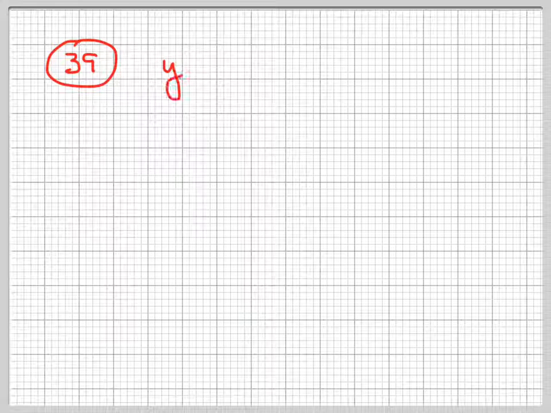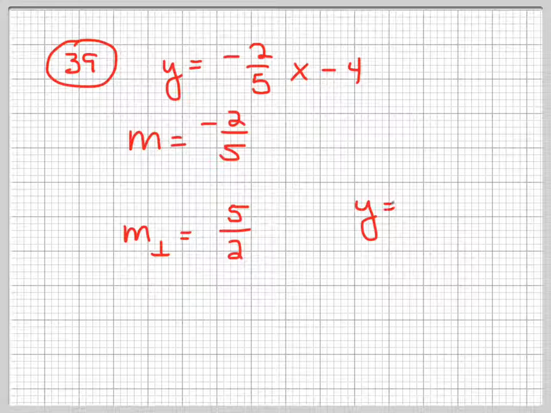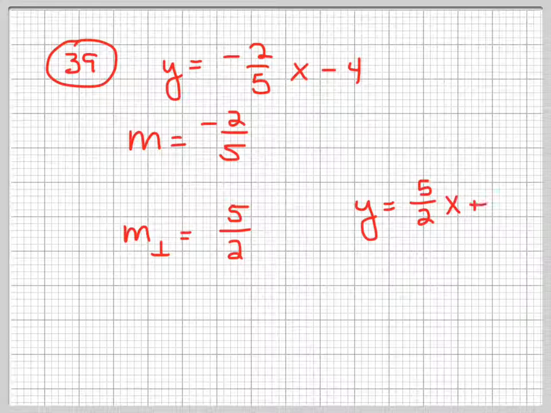We want it to be perpendicular to this line, and so if our slope is negative 2/5, it turns out that the slope of a line perpendicular to it will be the reciprocal of it with the opposite sign, called the negative reciprocal. So the slope of it's going to be 5/2. And they tell you a point it goes through, so you should be able to figure out what b is.